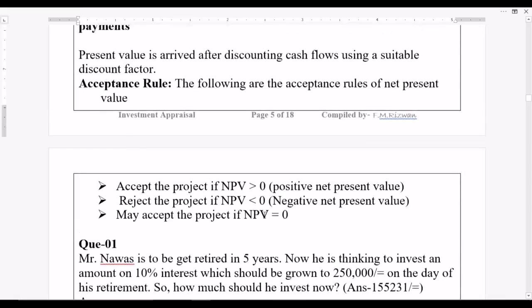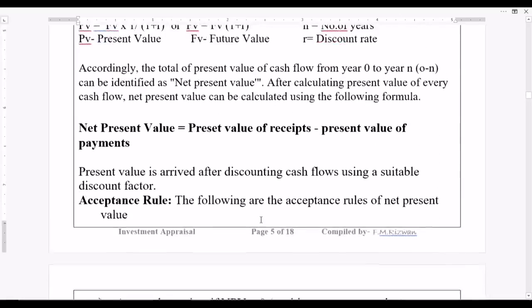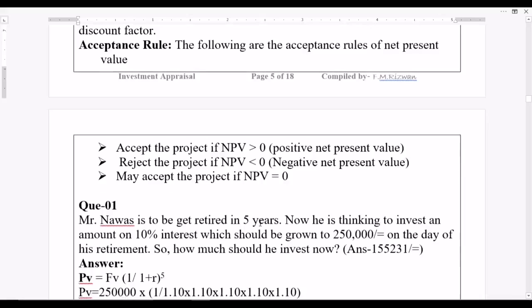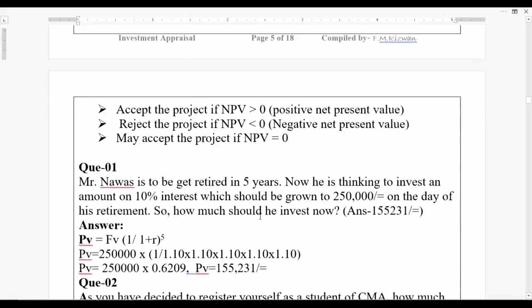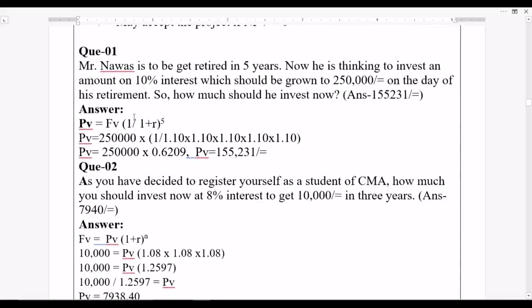I think you would have understood what net present value is now, and now we shall do some example questions, then you can understand it well. Right. Question number 1. Mr. Nawaz is to retire in 5 years.